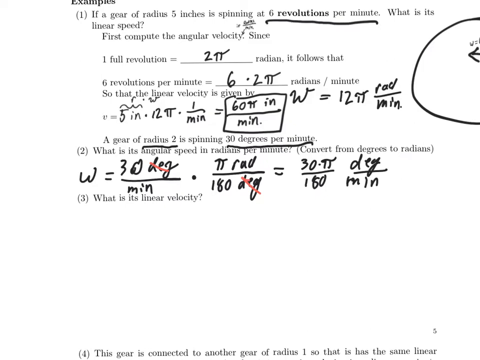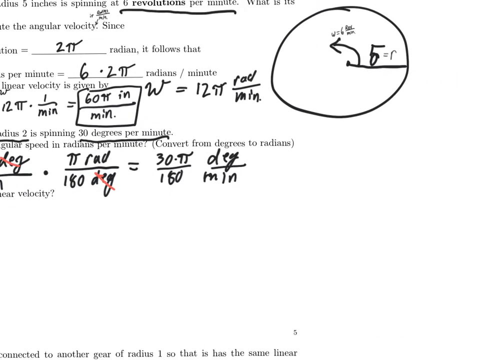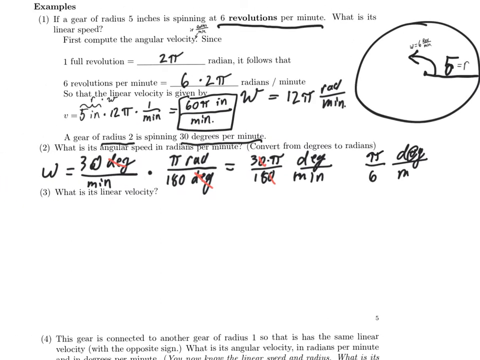And that should obviously be simplified. That's the same thing as 3 over 18, but 18 is 3 times 6. So that's pi over 6 radians per minute. The whole point of doing this was to convert to radians, so it better be in radians.